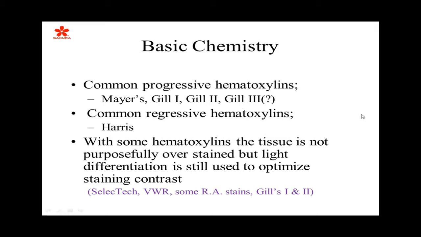There are many labs that just use the Gills in a common progressive manner, but there's other labs that use this in a regressive. Now, Myers oftentimes is much too weak for some histology staining. Gills 1 is often considered too weak for histology tissue staining.